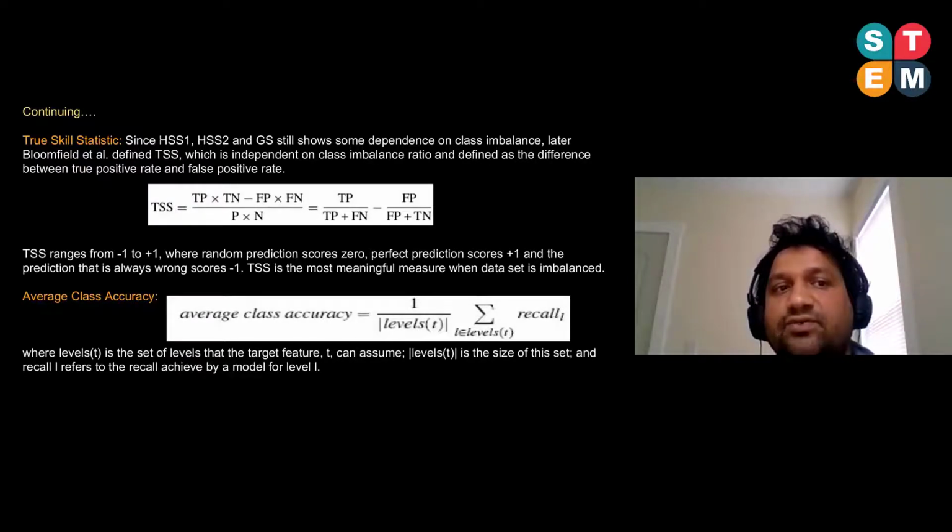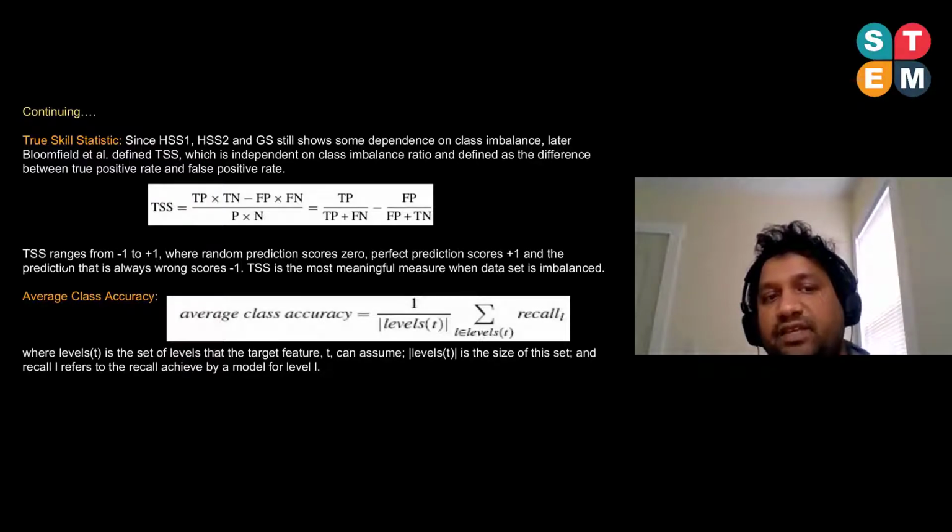However, this True Skill Statistic is independent of class imbalance, and it ranges from -1 to +1. Perfect prediction scores +1, and wrong prediction scores -1. So it is the most meaningful measure when the dataset is imbalanced. And there is also average class accuracy. These are other measures. However, the most important measure is the True Skill Statistic.